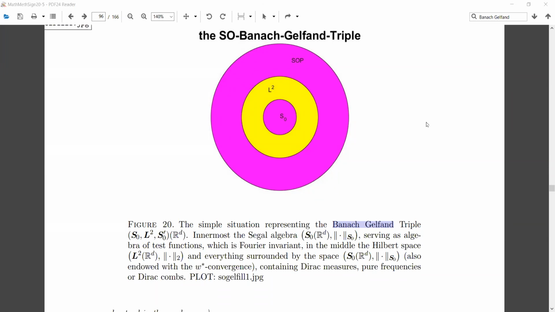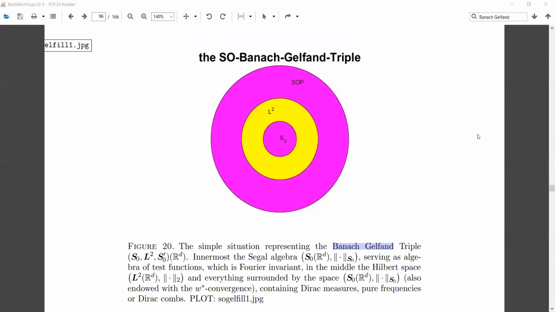Now, I want to come back, and hopefully you are now seeing my standard picture of a Banach-Gelfand triple, to the situation of Gabor expansion for the Banach-Gelfand triple. That is more or less also where the usefulness of S0 appeared, after many years of just having a funny example of a Segal algebra.